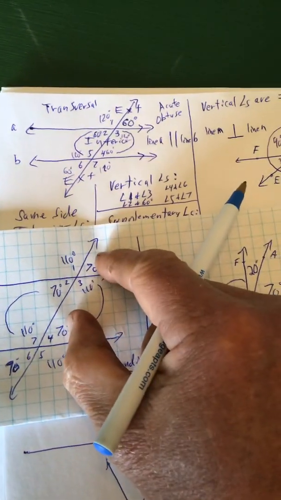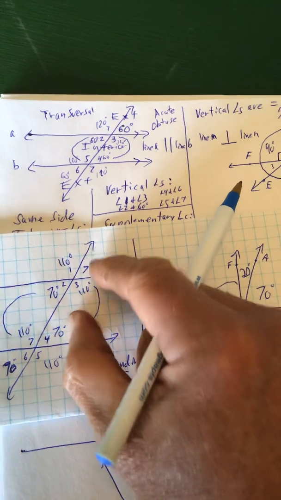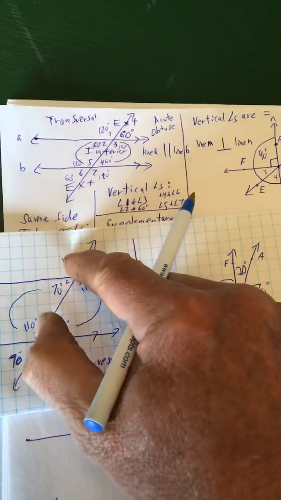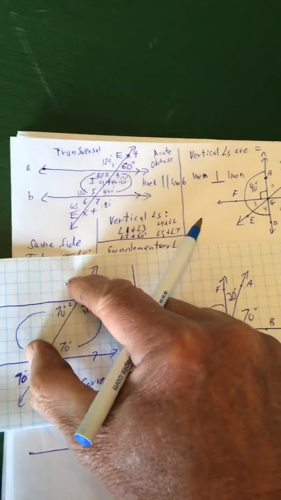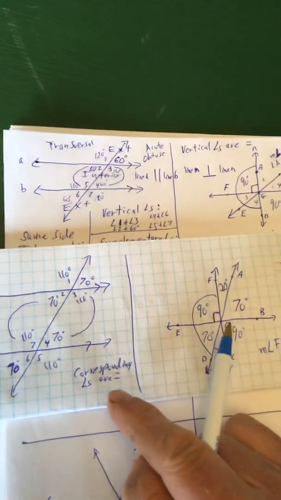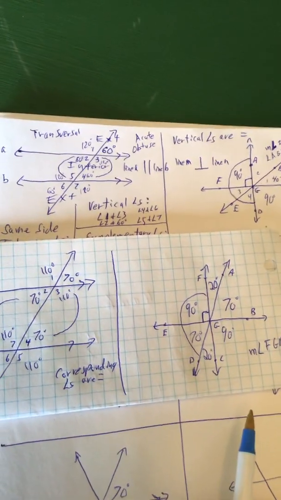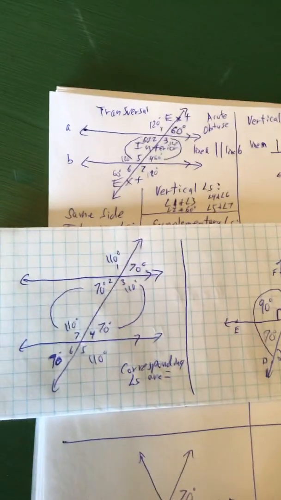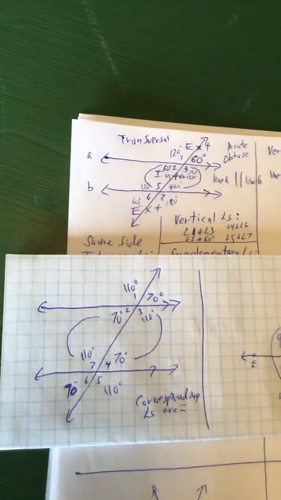These are top right, top right. These are corresponding, they're equal. Here's bottom right, those are equal. Here's top left, those are equal. Here's bottom left, those are equal. Corresponding angles are equal if the lines are parallel, right? So that's another way to figure angles out.